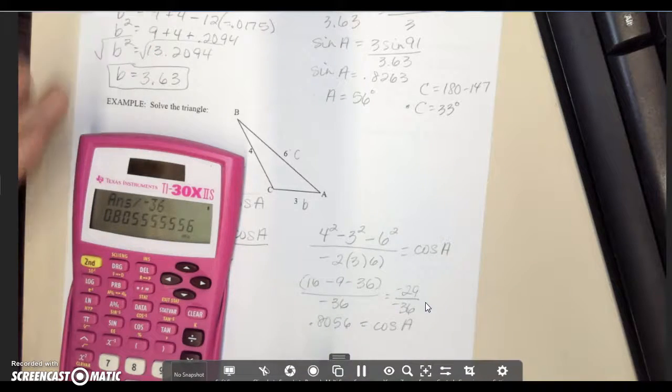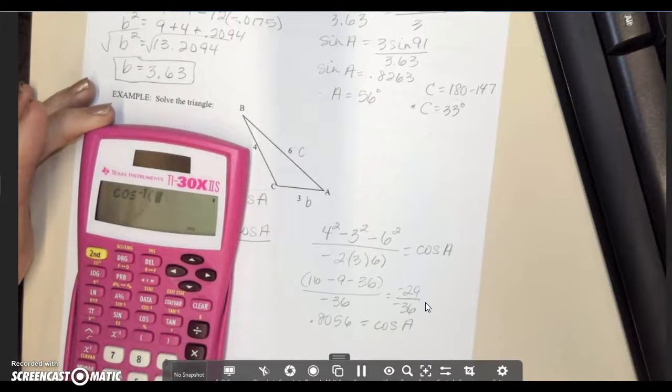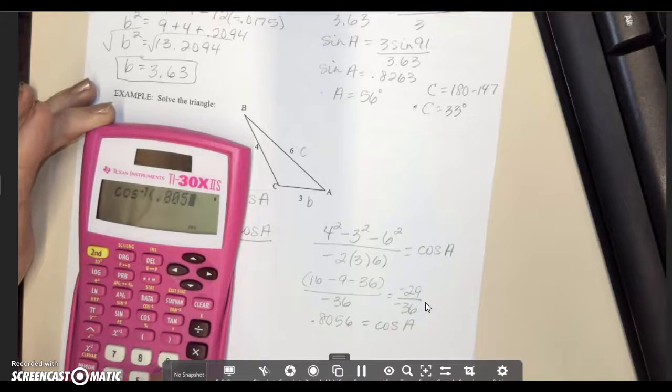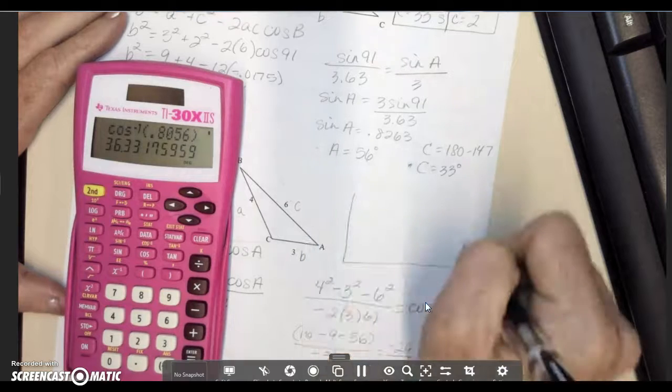So now I need to figure out the angle of a. So I'm going to do inverse cosine 0.8056, and a value is going to be 36 degrees. Okay, let's make our chart up here.